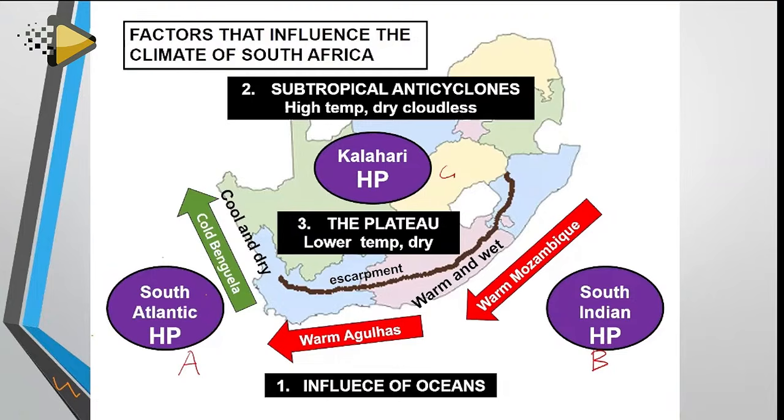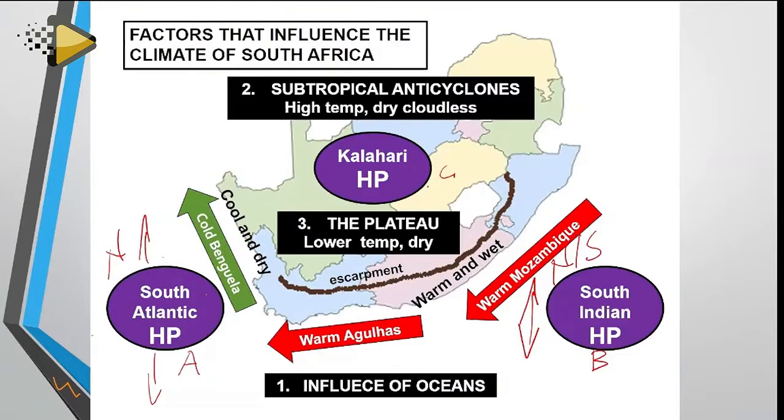The South Atlantic and South Indian both move northwards and southwards. But the Kalahari high pressure moves up and down in the atmosphere. We'll look at the next diagram that shows that.